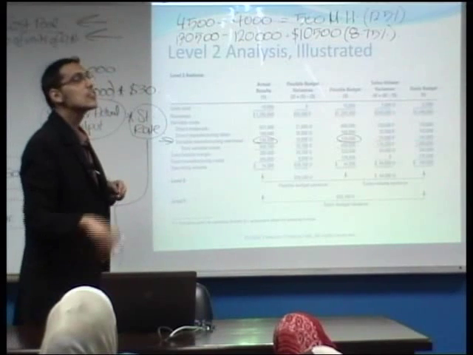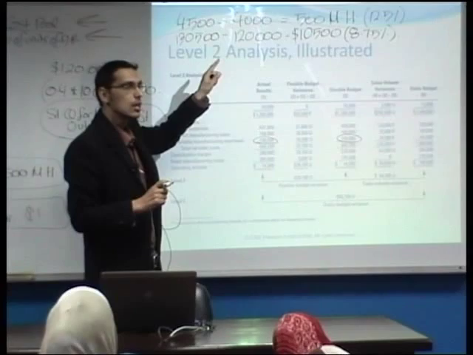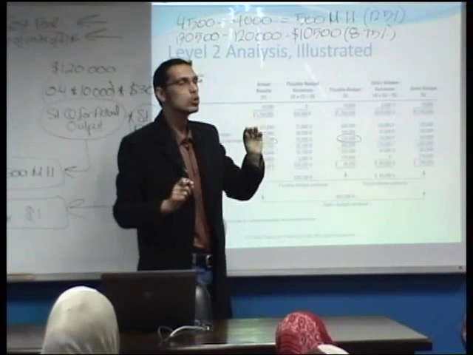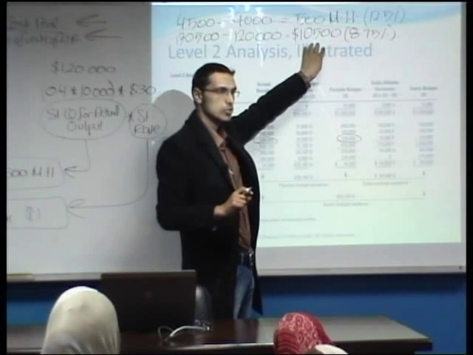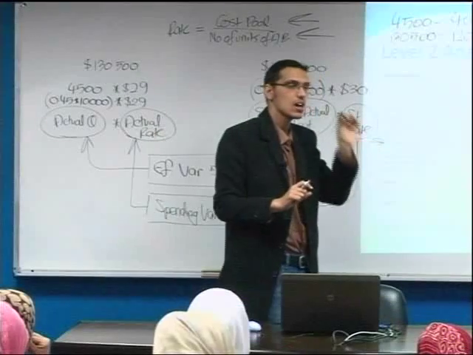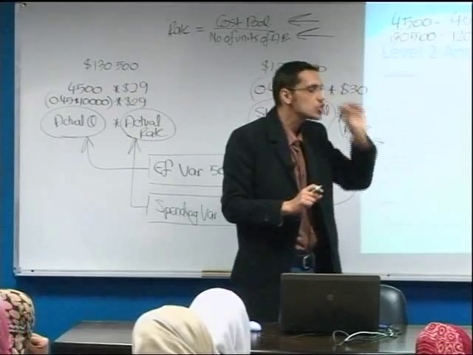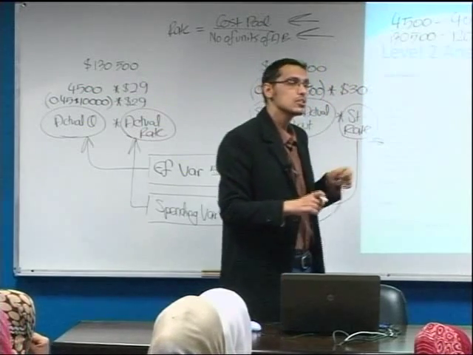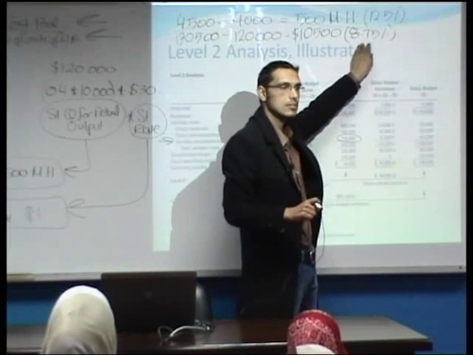Therefore, the increase in machine hours was not the only cause of the change in the costs. Because if the machine hours was the only cause of changing the variable manufacturing overhead, we would see that the change would also be 12.5%.